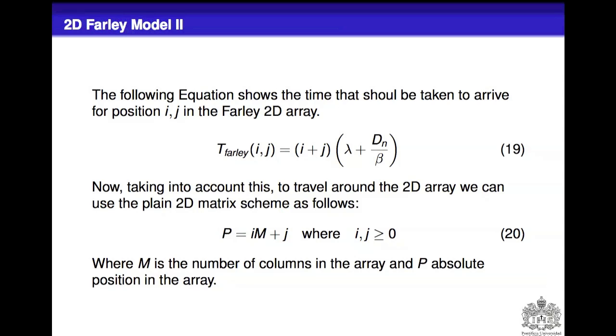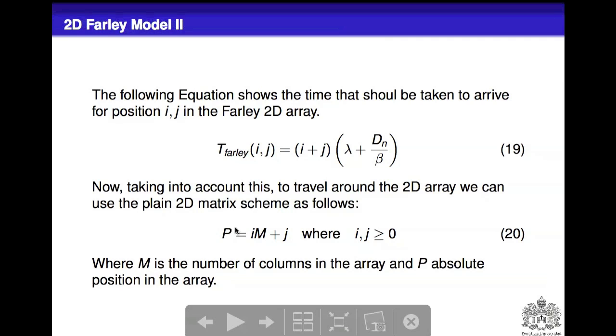Then when you analyze this, you could have the 2D Farey model time, or the execution time, the communication time, that is related with each index in the Farey array. Then if you want to arrive to the index ij position in the 2D array, you should have i plus j positions multiplied, of course, with the machine's parameters.